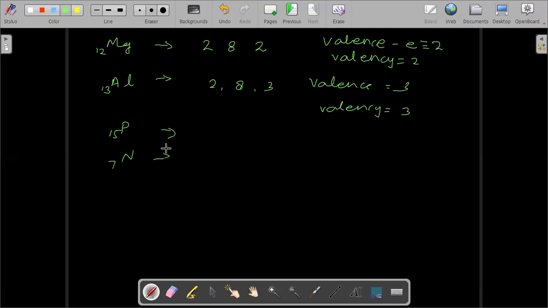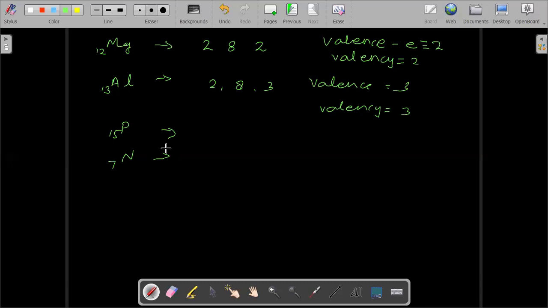So for phosphorus, the valence electron is 5. And valency? Is it 31?